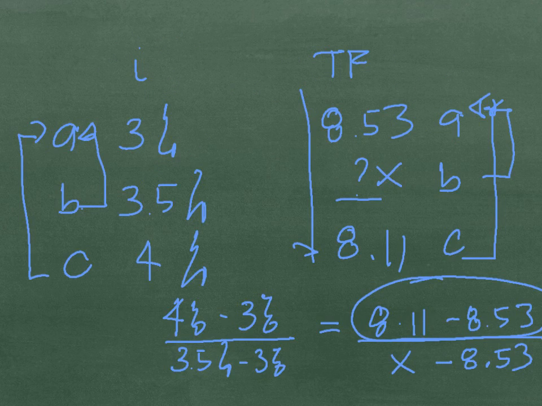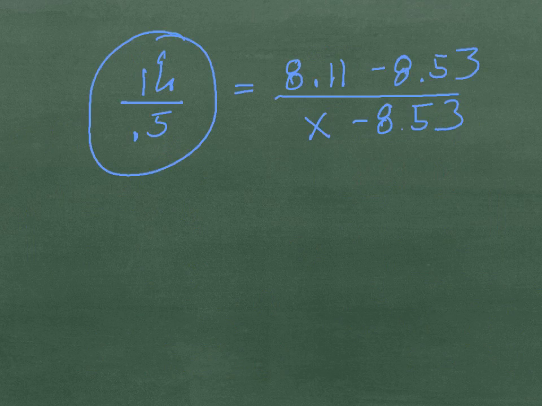In case you didn't get this side of the equation, that is from previous work: 4% minus 3% divided by 3.5% minus 3% is 1 divided by 0.5.